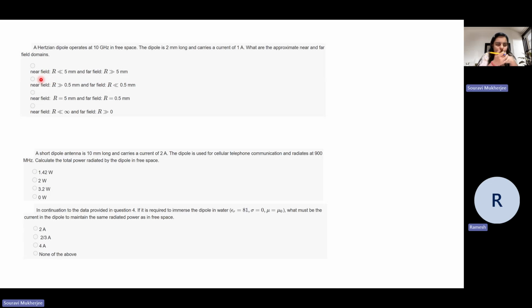But why have they given option A as 5 mm only, from the options? 1 second. This is a bit weird. Okay, just confirming something.